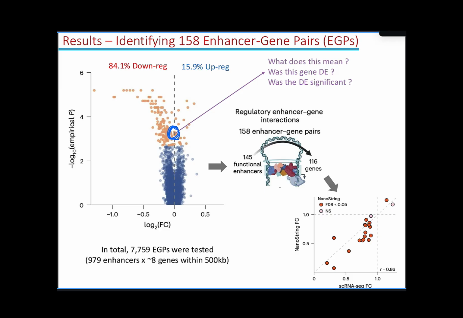So in this volcano plot, those dots seem to be at 0. But if you were to look at them, you would see that the fold change may have been 0.0001.